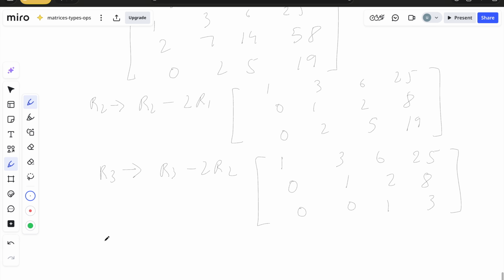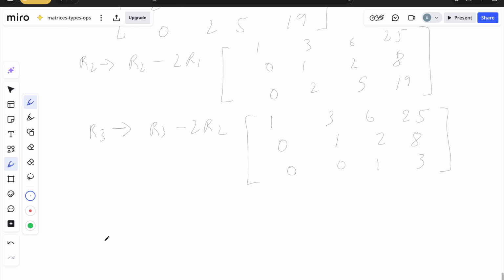Now either you can go from here and reduce this augmented matrix to a complete row reduced echelon form, or you can do a back substitution here. This has reduced the system of linear equations that I'm considering to this form.